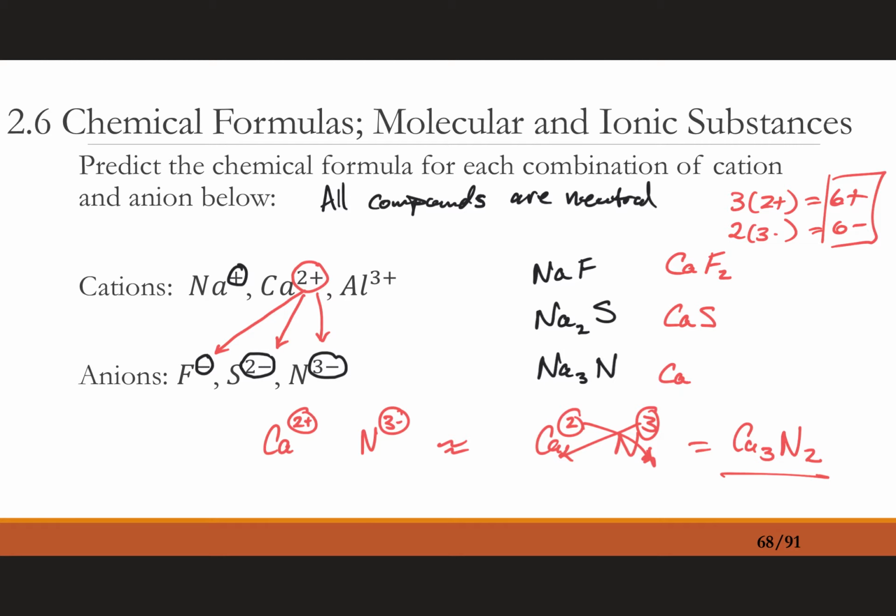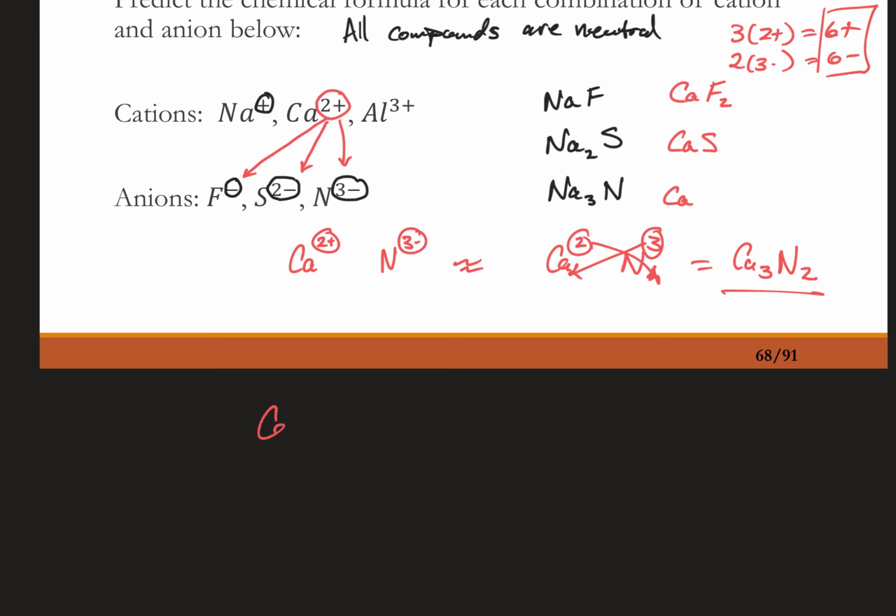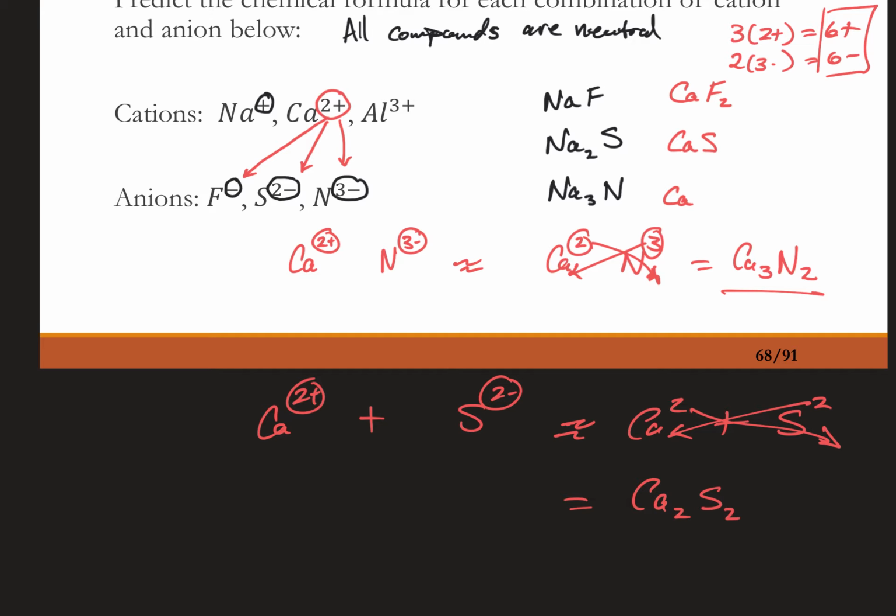And the crisscross method works for all of them. If we did the calcium and the sulfur, if you use the crisscross method for this, you get Ca2S2, but we have a metal calcium and a nonmetal sulfur. It should be an ionic compound, and its formula unit should be the simplest whole number ratio, and a 2-to-2 ratio is a 1-to-1, so again, it's just CaS.